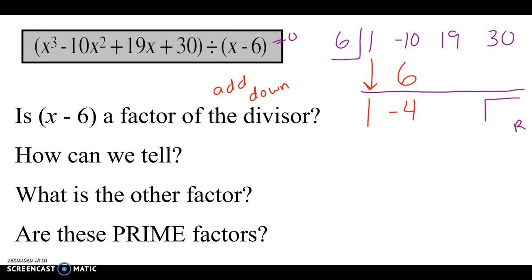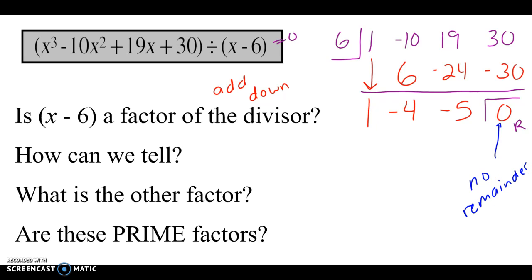So 6 times negative 4 is negative 24. Then add down, multiply, negative 30, 0. Now the most important part of this problem, for today basically, is this right here: the fact that there's no remainder.